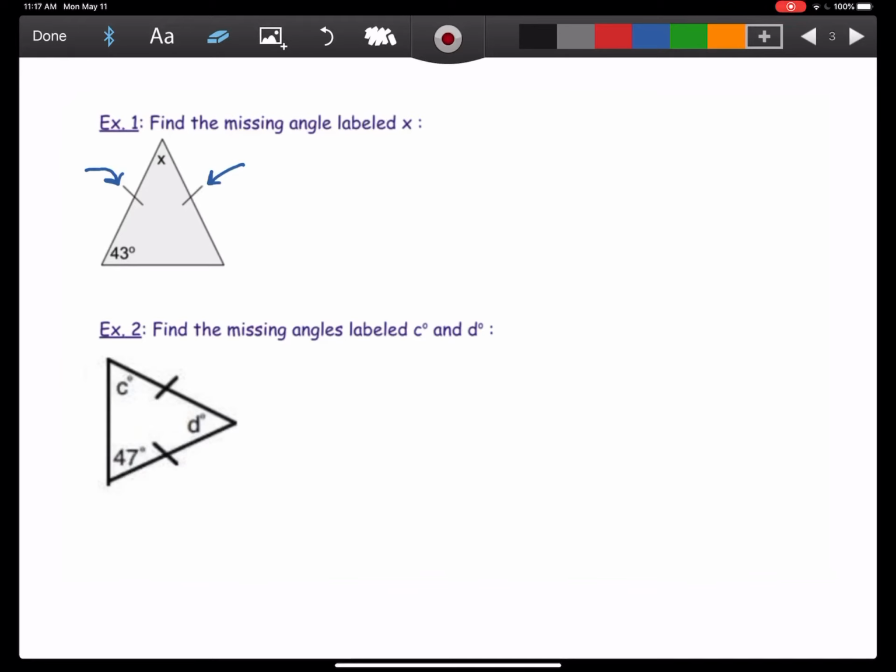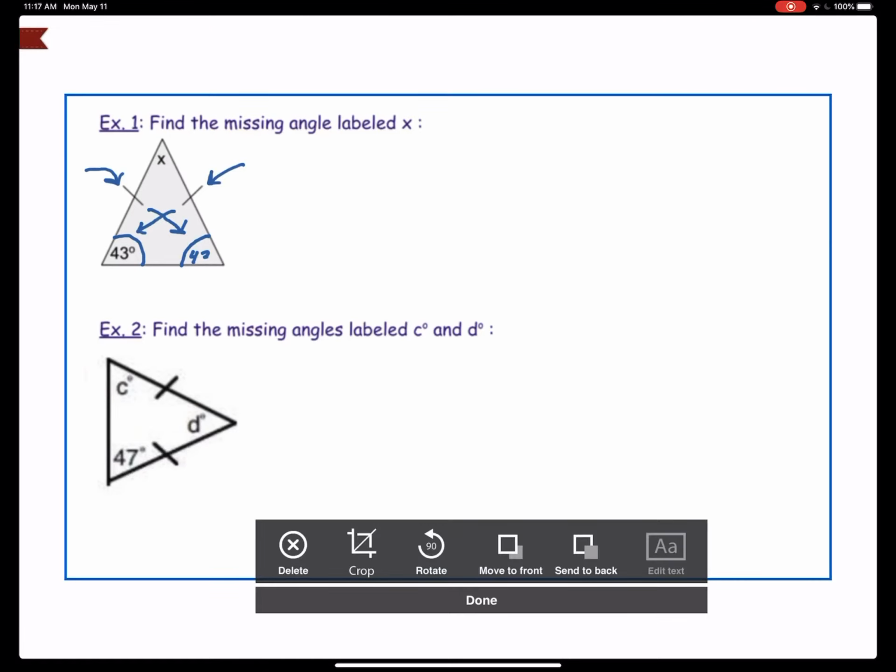The next step is look diagonally across from the two equal sides. We find that we have one angle labeled 43 degrees, and that tells us that this angle is also 43 degrees.